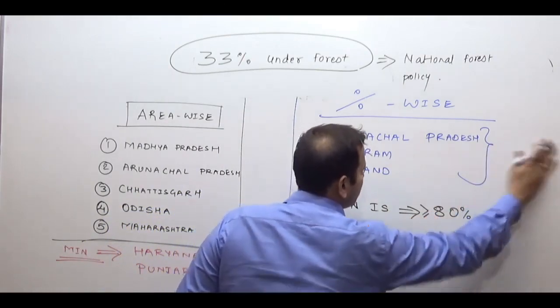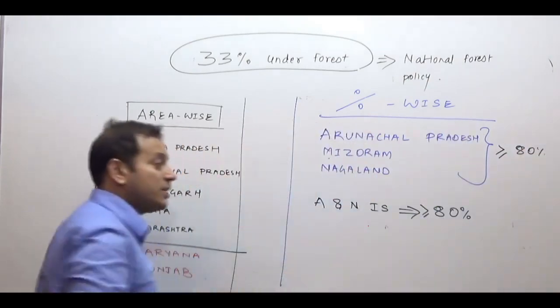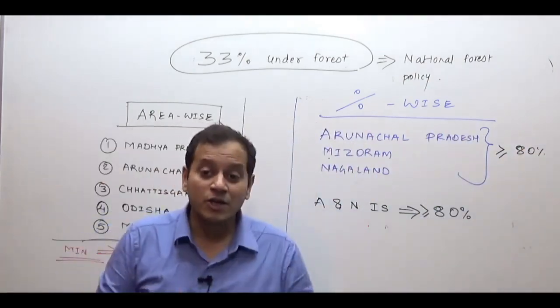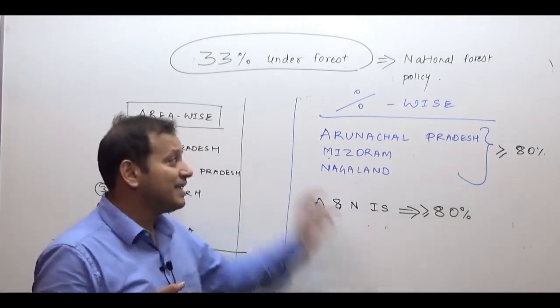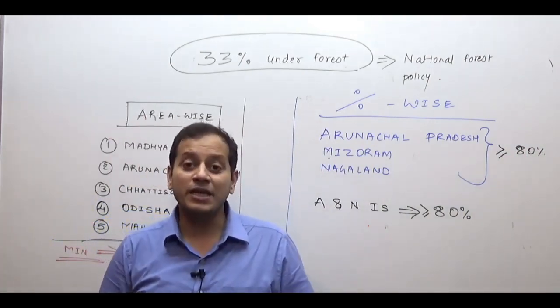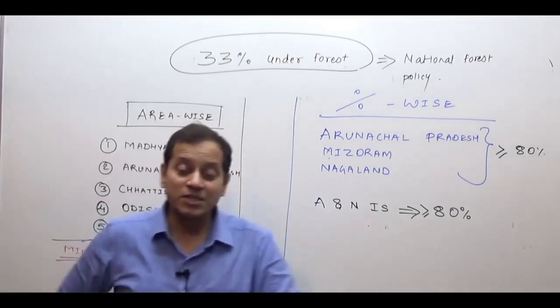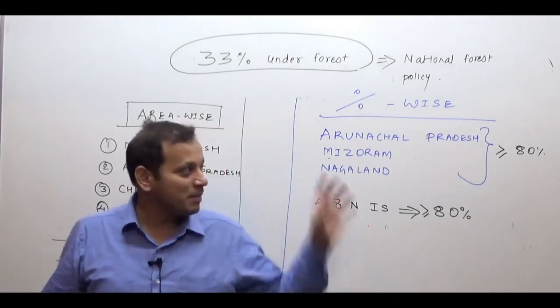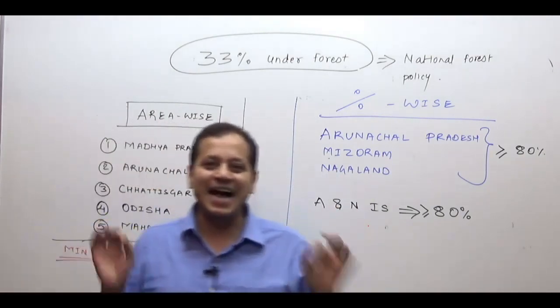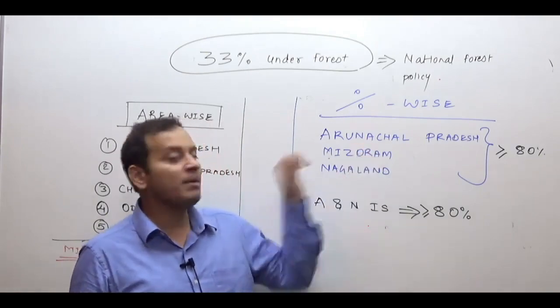Other than these, none of the states of India has more than 80% of the area under forest, not even Madhya Pradesh. Madhya Pradesh has the largest area under forest, but percentage wise, it is Arunachal, Mizoram and Nagaland.